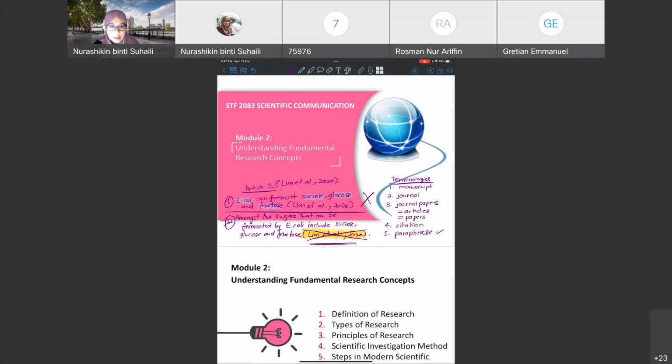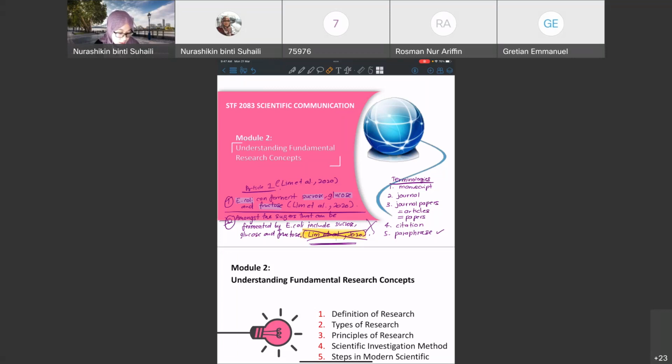The second case, let's say Lim et al. doesn't appear, I paraphrase, but I don't cite. It is also called plagiarizing. So plagiarism can happen in two conditions like that. Okay, so you have to take care of it. You have to cite, you have to paraphrase. So those two things are needed in order to avoid plagiarism.